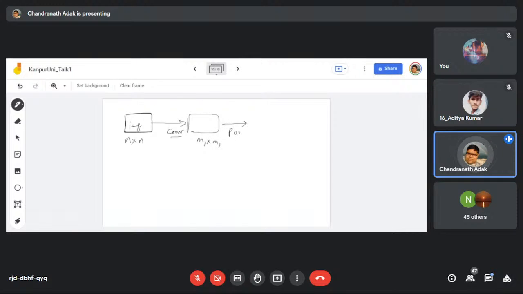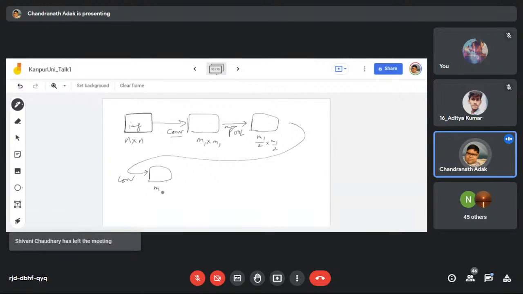Then suppose I perform one pooling operation. If I use max pool, the size will be m1 by 2 cross m1 by 2. Then again I will use some convolution operation and get some size, say m2 cross m2. Then I will use a pooling operation and get m2 by 2 cross m2 by 2.